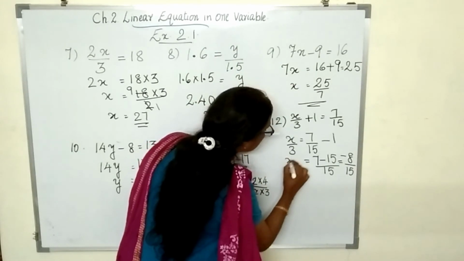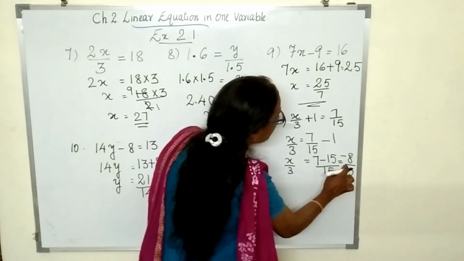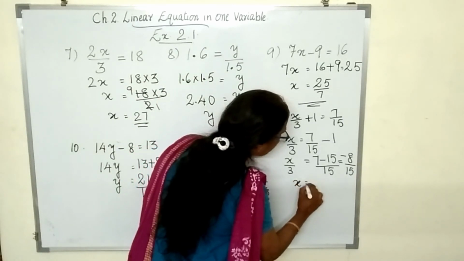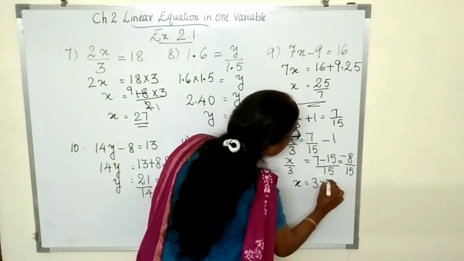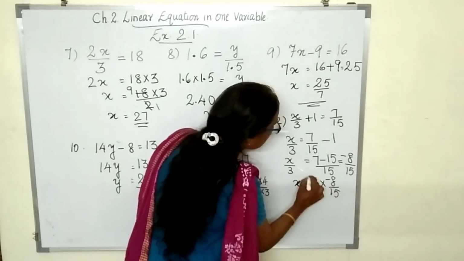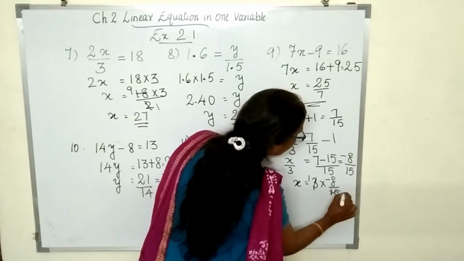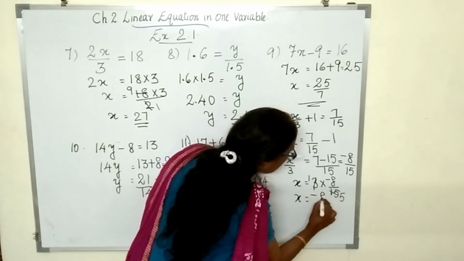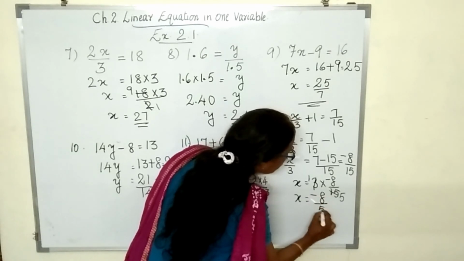So x upon 3 is equal to minus 8 upon 15. So what is x? 3 multiplied by minus 8 upon 15. So 3 ones are 3, 3 fives are 15. So x is equal to minus 8 upon 5.